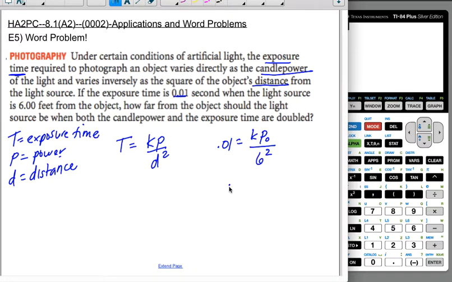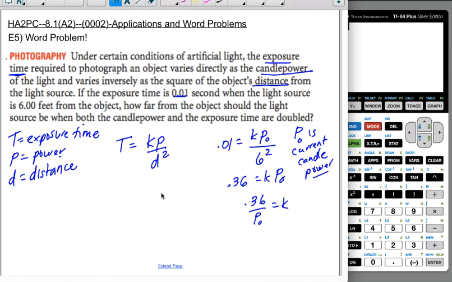So I get that 0.36 equals K times P naught. What's tricky here is that you can solve for K by saying it's 0.36 over P naught, where P naught is the current candle power. The problem is they never gave me the candle power, which is not cool, and it makes the problem slightly harder.